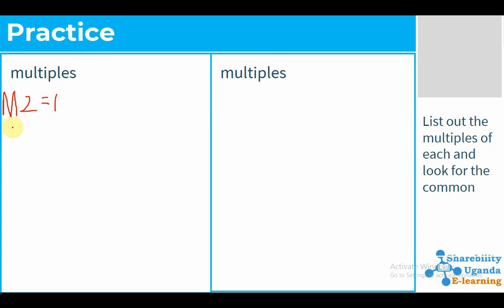Let's start here one by one. The first number greater than 0 is 1.